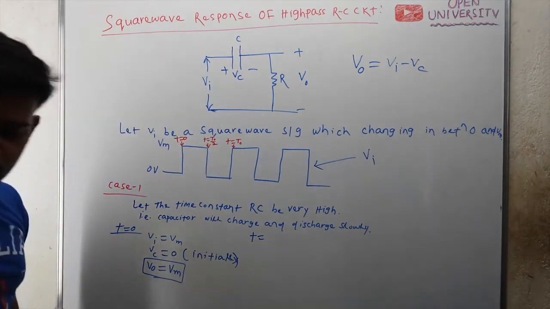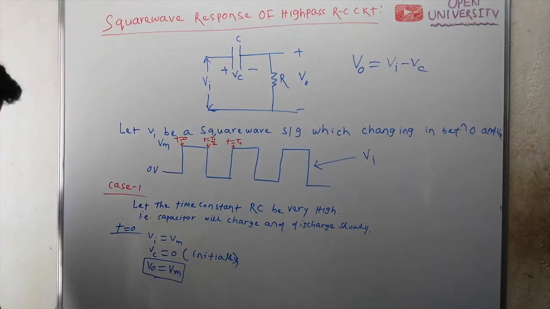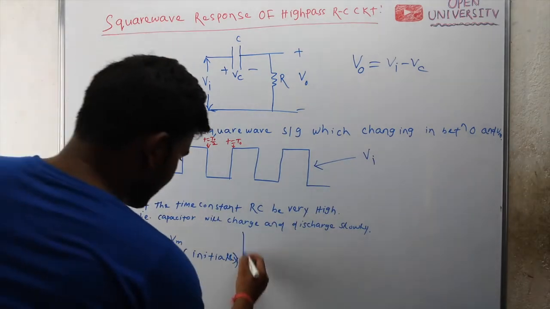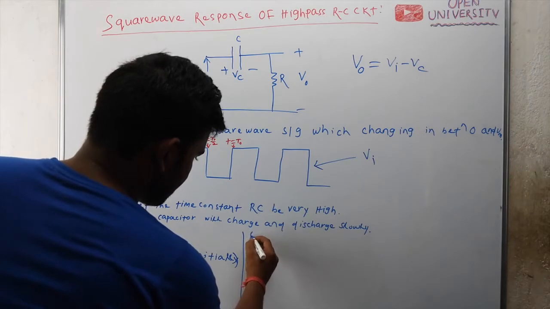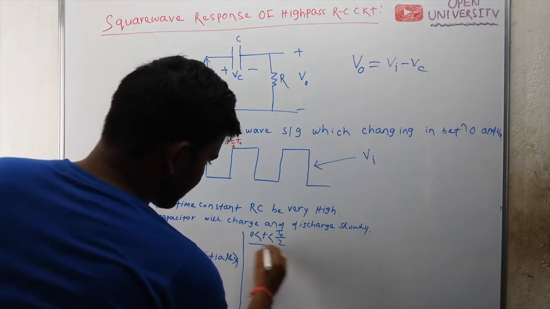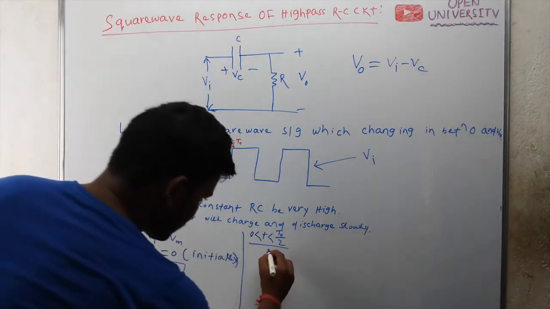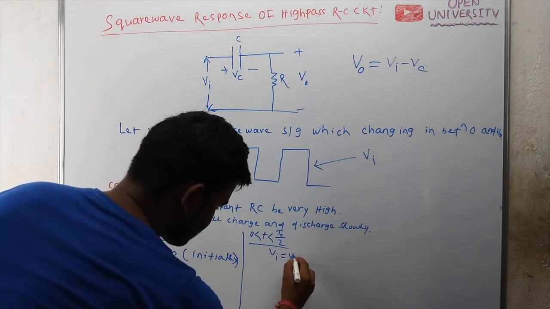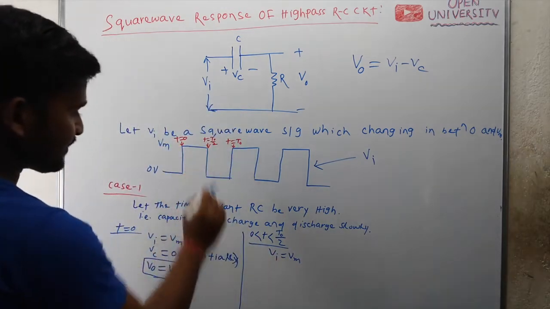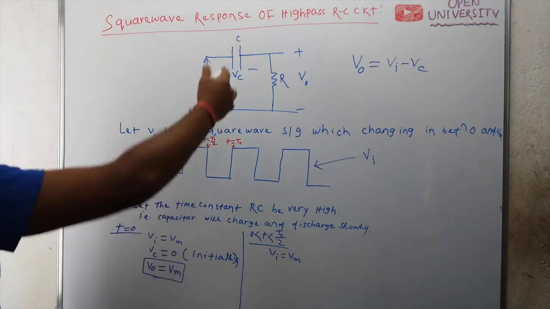Now assume when t is in between 0 to t naught by 2, what happens? In this interval, your input voltage is fixed at Vm. What happens? The capacitor will charge.